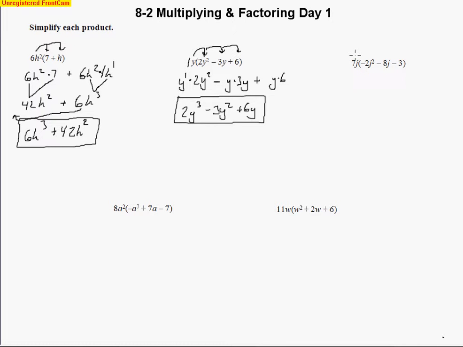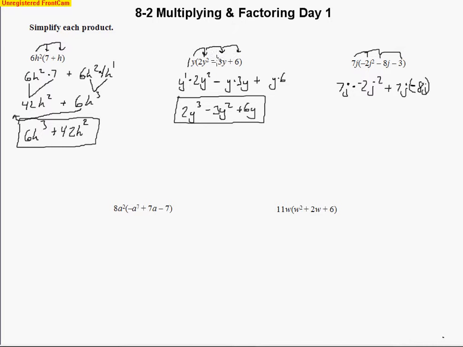And so over here, we're again multiplying each of these terms. So I do 7j multiplied by a negative 2j squared. And then I can bring down a plus sign and do 7j times negative 8j. Now, last time what I ended up doing is I just brought down the sign, and I can do that. Remember, it's just like a minus sign I'm bringing down, and so I've got y times the positive 3y.